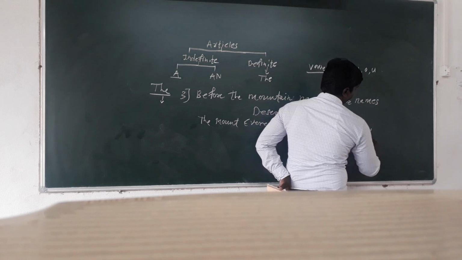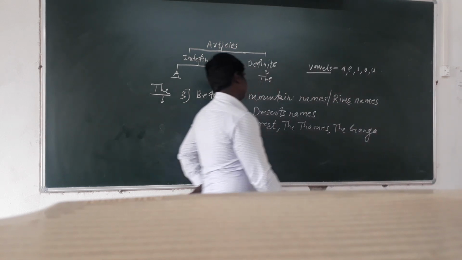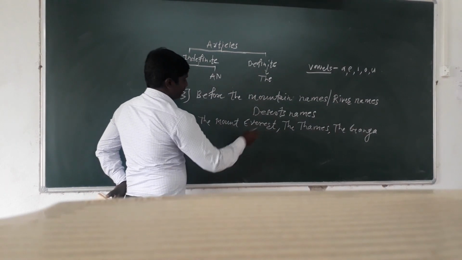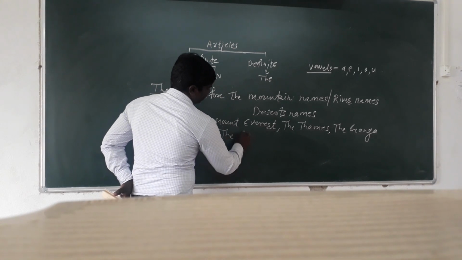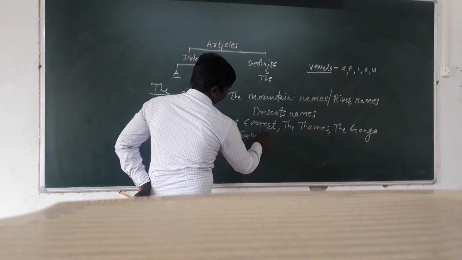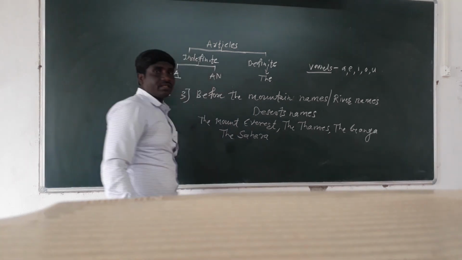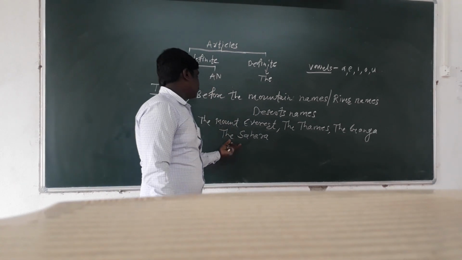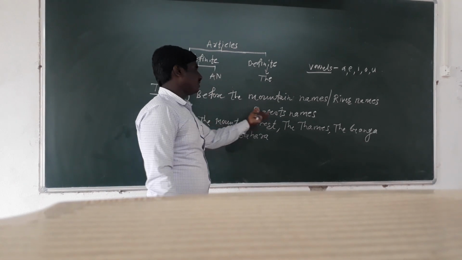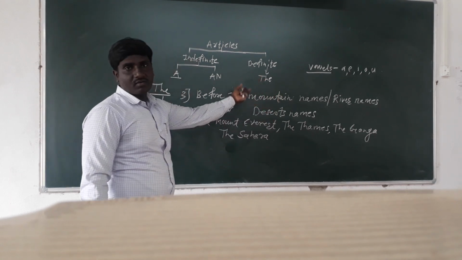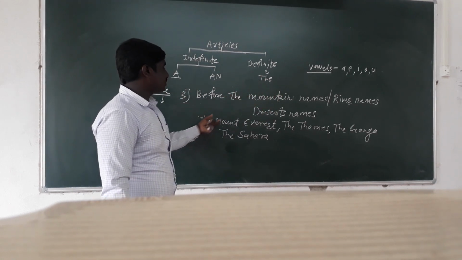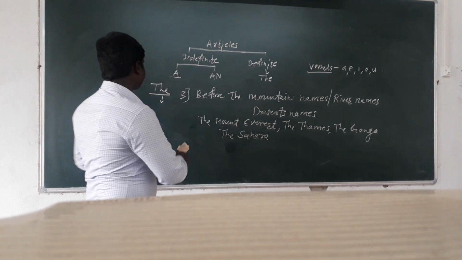The Ganga. Ganga is the name of a river. The Sahara. Sahara is the name of a desert. So, before the desert names, river names or mountain names, we should use the article.